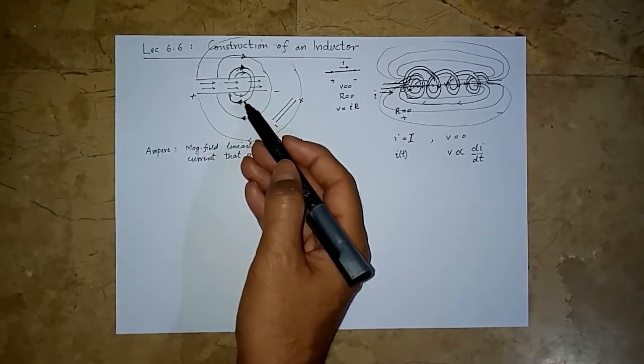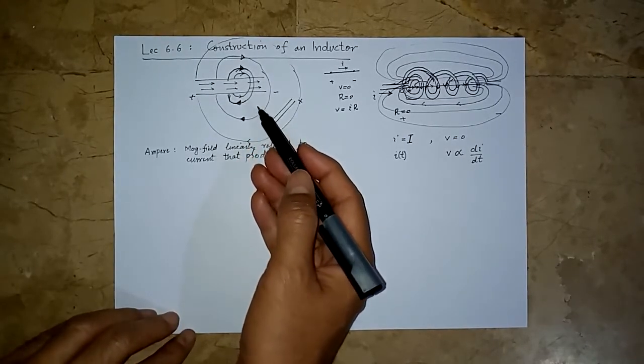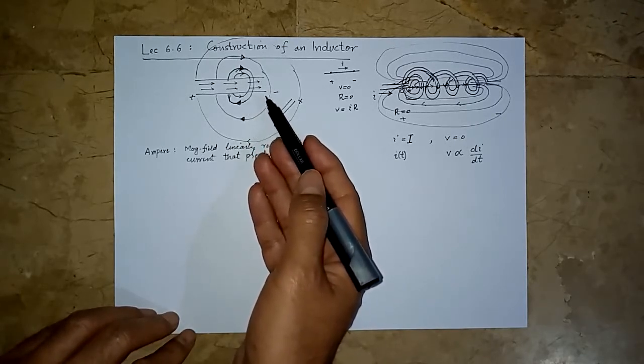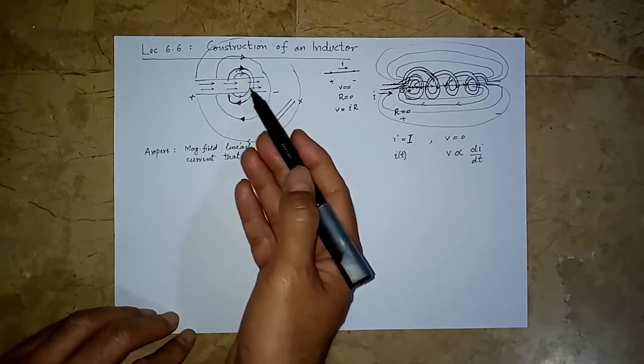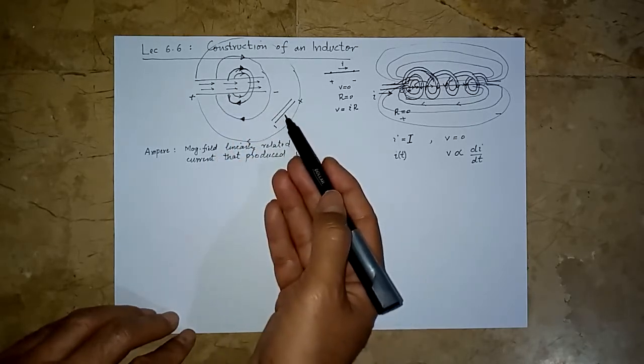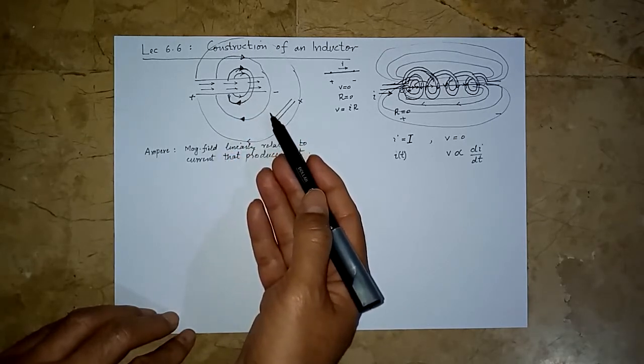So a wire is not a good construction that allows this phenomenon to take place, that a changing magnetic field induces a voltage. So we are not talking about another circuit. We are talking of the circuit that itself is creating the magnetic field.